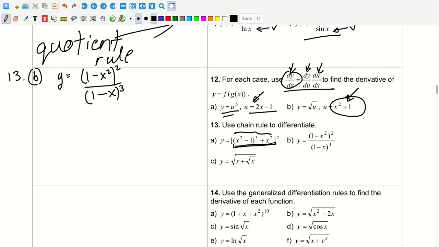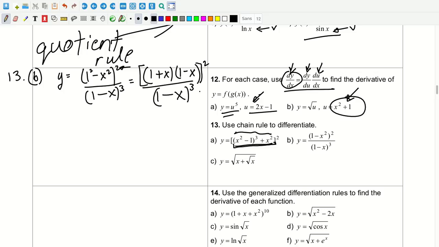On the top you get a difference of squares, don't you? That's right, you do. So you can rewrite the top: this is 1 squared minus x squared, which can be written as (1 plus x) times (1 minus x), and that whole thing is squared, over 1 minus x cubed.